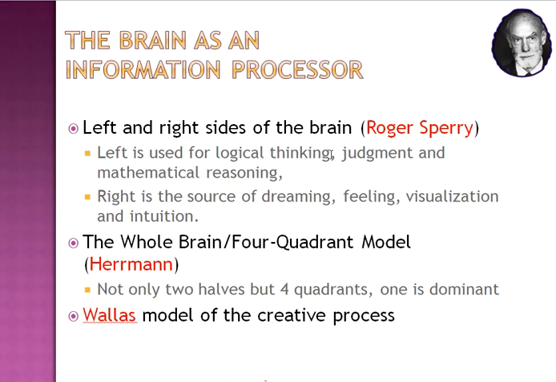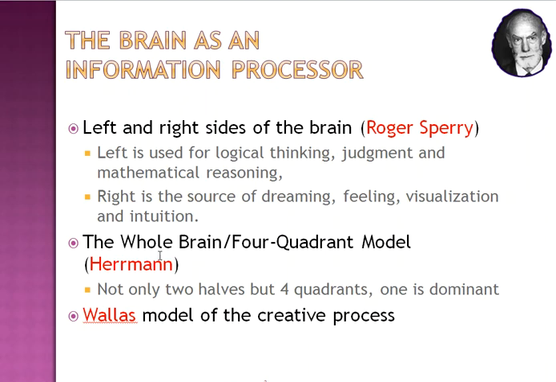His experiments on brains provided great results about how the left side of the brain works and the right side, what each half of the brain is responsible for. The left one is used for logical thinking, judgment, and mathematical reasoning, while the right one is the emotional part. The right is the source of dreaming, feeling, visualization, and intuition.